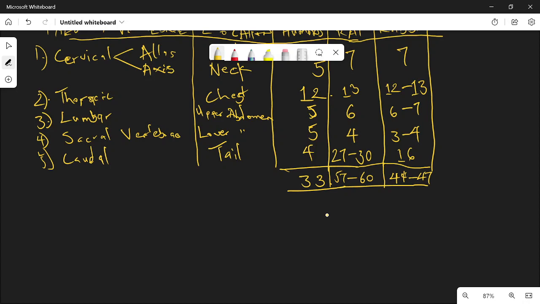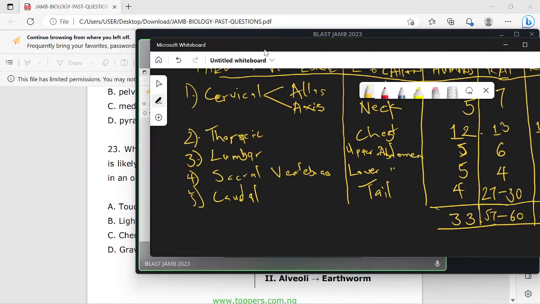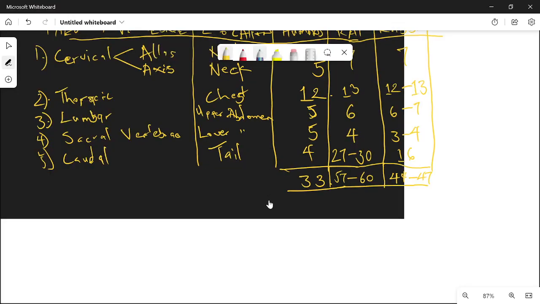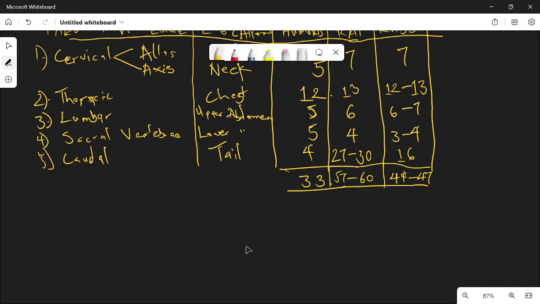So that is what the number and the types of vertebrae that we have in the mammalians look like. Each of these bones that we have made mention of, the cervical, thoracic, lumbar, sacral, caudal, they all have their characteristic features. Each of them have their characteristic features.